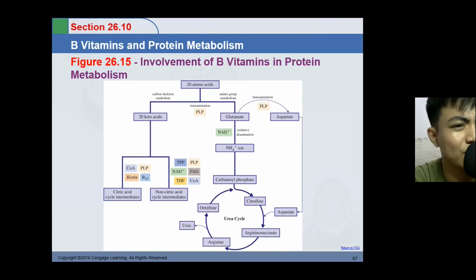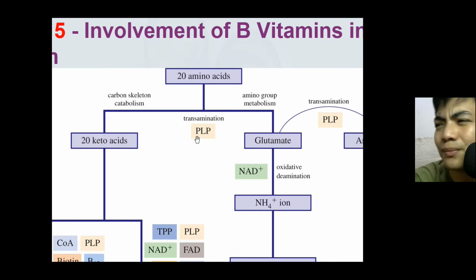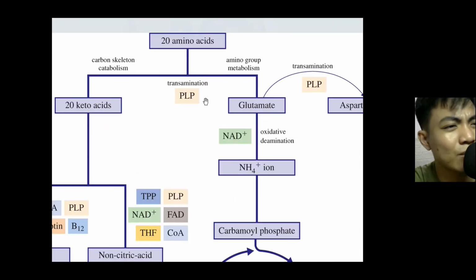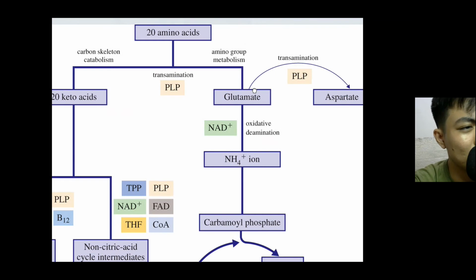Ito yung integration ng ating vitamin B in the protein metabolism. So, of course, you have your 20 amino acid from your amino acid pool. It can be transaminated, so we can get either alpha-keto acids or glutamate na.